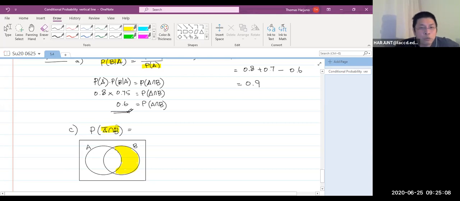There are actually two ways to compute this. But I think the easiest one is by first taking the whole B, and then you cut this part out.